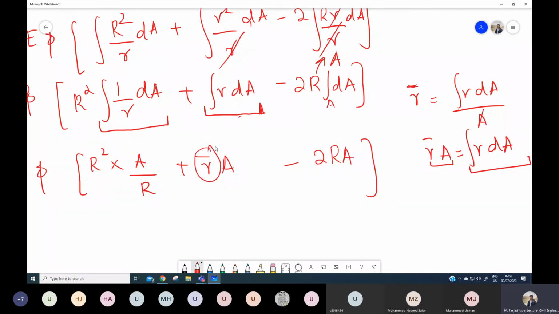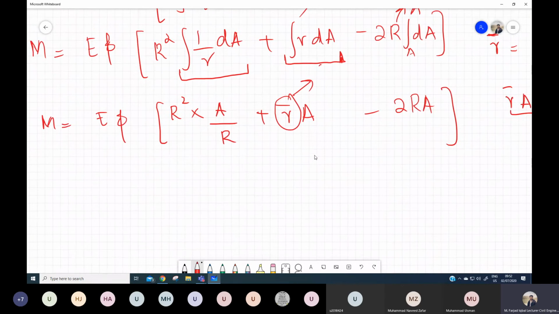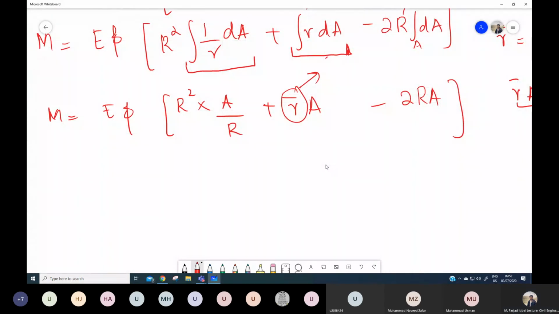And if you remember, initially we defined this r bar distance, that is the location of the centroid of this cross section. So if I simplify this further, that will cancel out. So M is equal to E phi Ar plus r bar A minus 2 Ar.